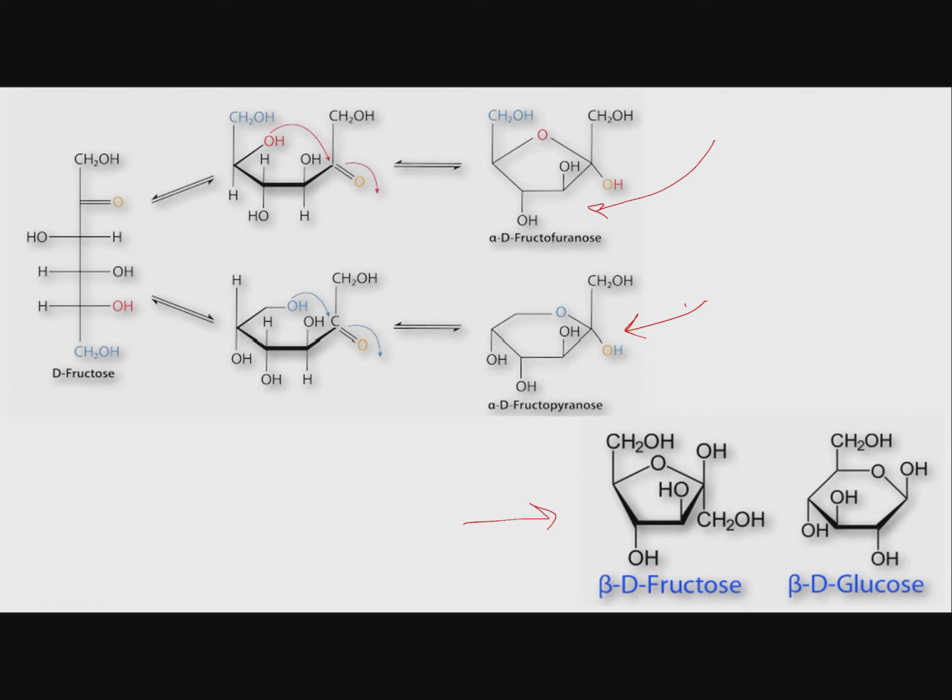The reason it can form different ring structures depends on which carbon is doing the attacking. In the furanose ring, it's carbon number 4 that attacks the anomeric carbon. In the pyranose ring, it's carbon number 5 that does it. So there's some flexibility there.